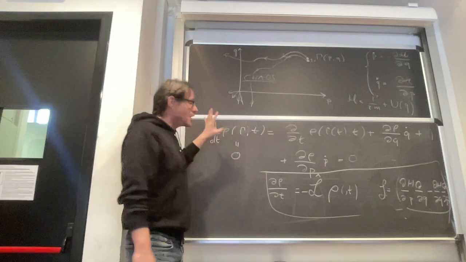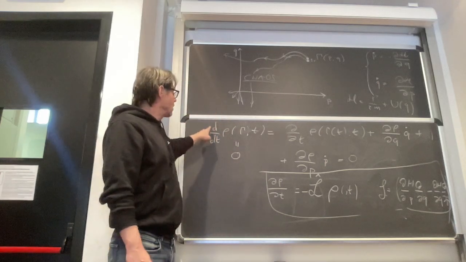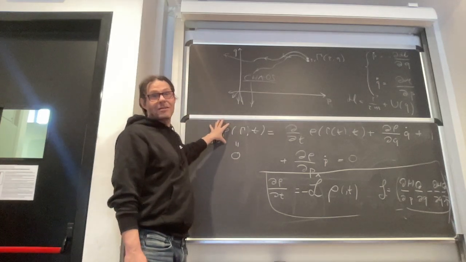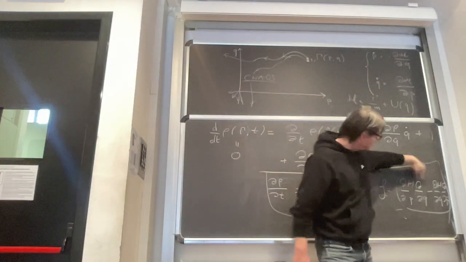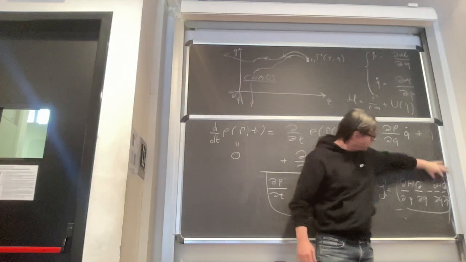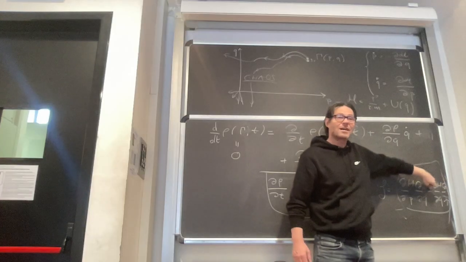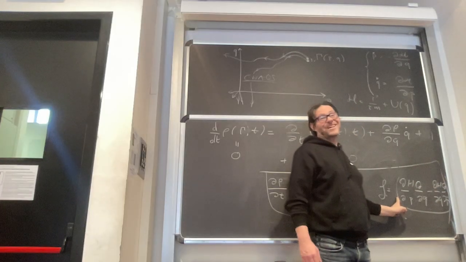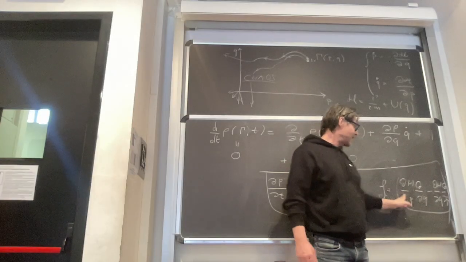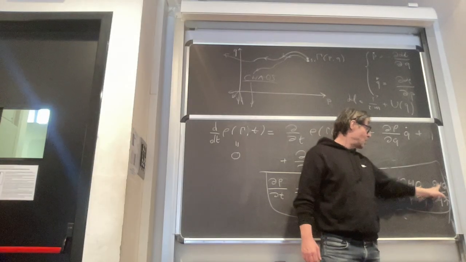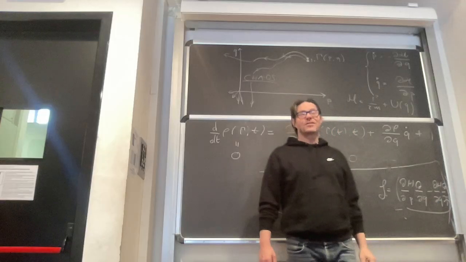Here, I have a very similar equation because I have a time derivative of a density, not an operator. And on the right-hand side, I have something that looks a little bit like a commutator because you see I have a difference with a negative sign. And in fact, these are called Poisson brackets. And if you see them, they really look like a commutator of quantum mechanics.